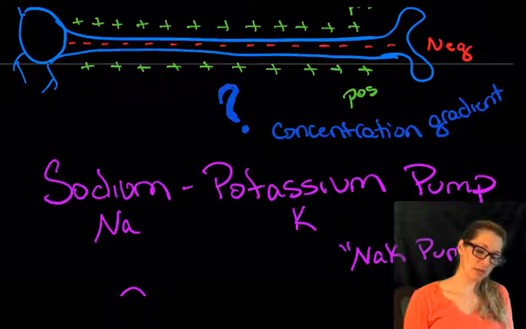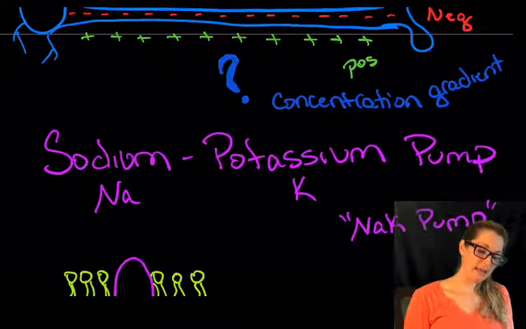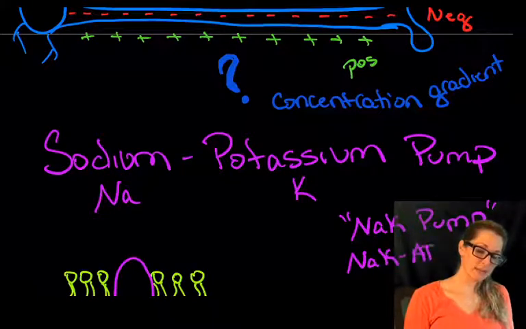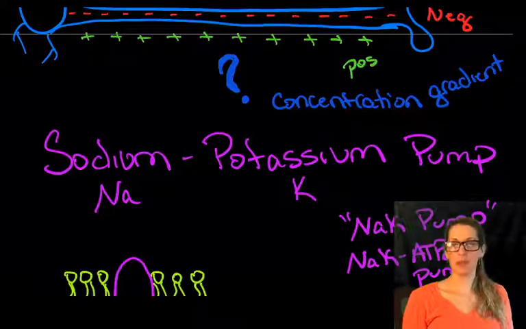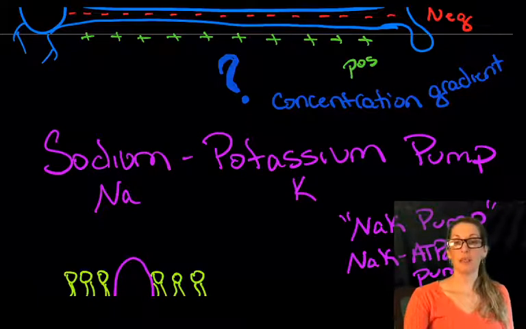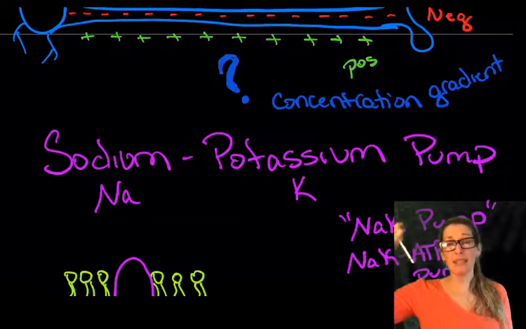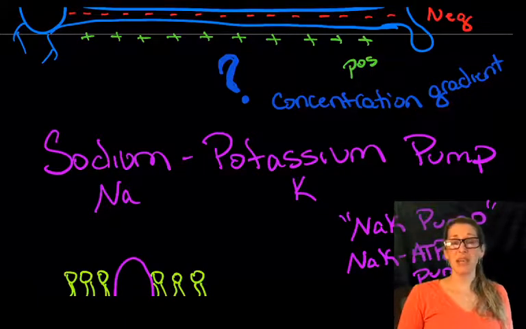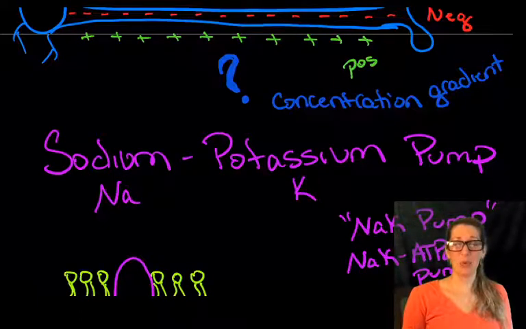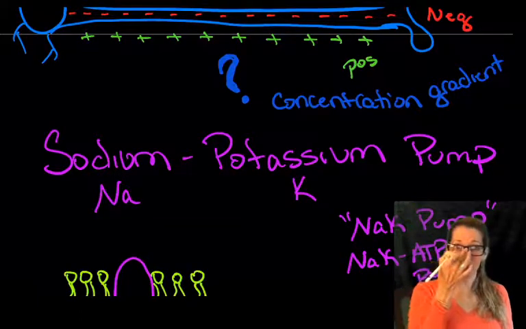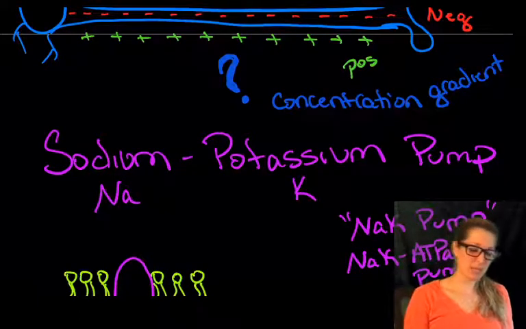Another way you'll see it written is as the sodium potassium ATPase pump. All of these are referring to the same thing. The sodium potassium pump is the star of this show, really. We glorify the neuron, like the neuron is out there doing its thing, but it cannot do its thing without the sodium potassium pump. What the heck even is the sodium potassium pump?